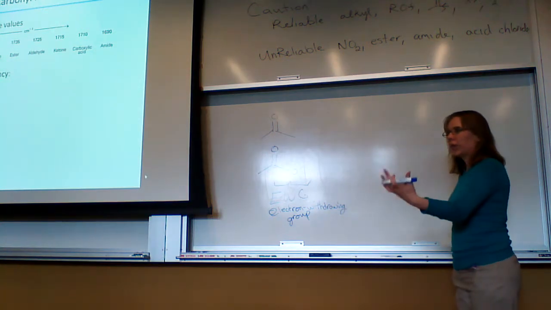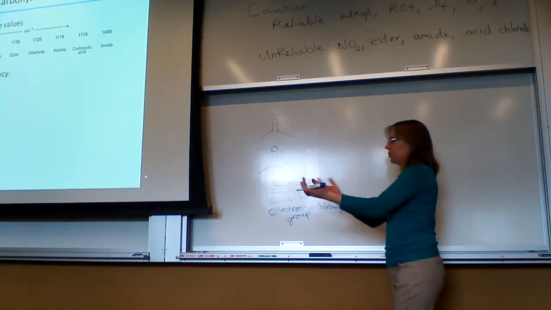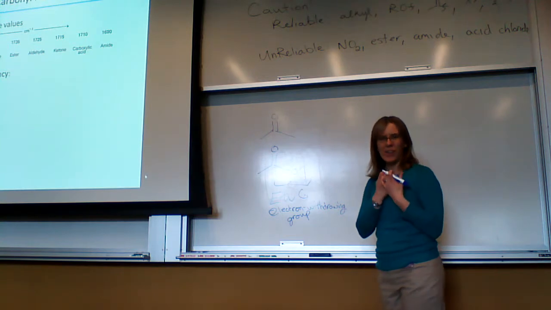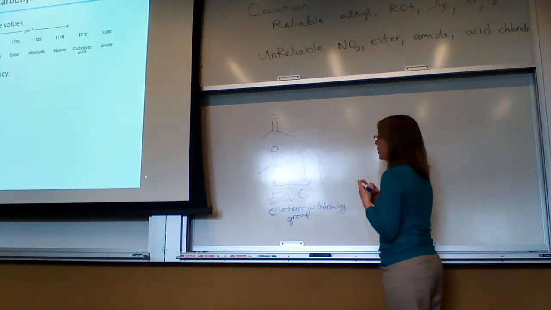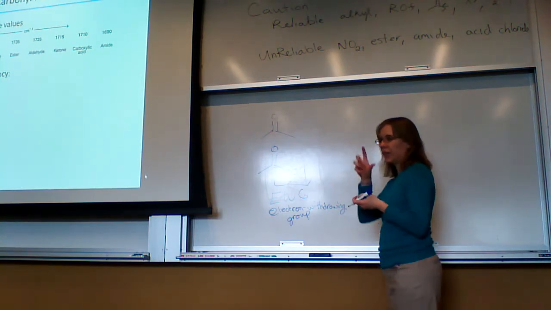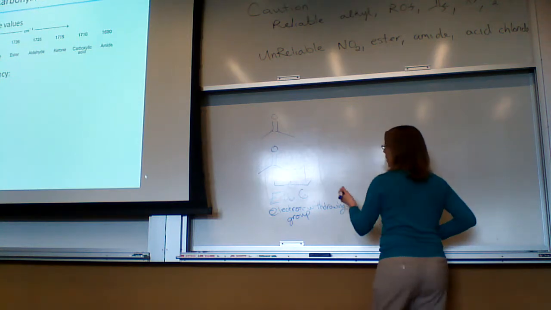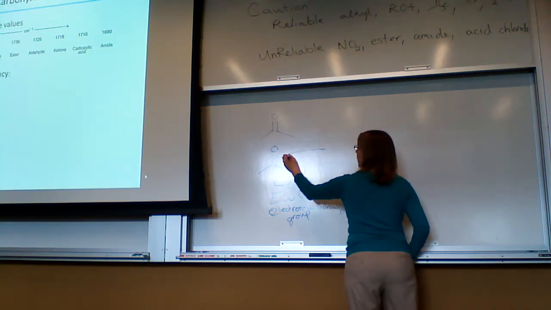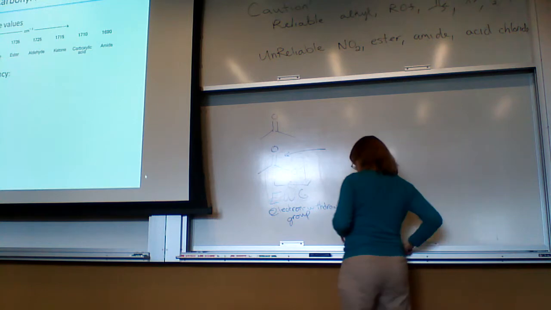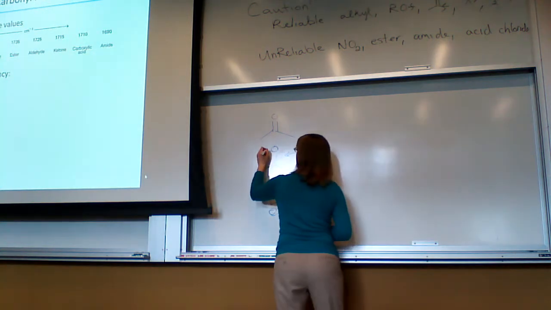This electron withdrawing group is going to pull electron density away from the carbon-oxygen double bond, and that's going to shorten the bond of the double bond.